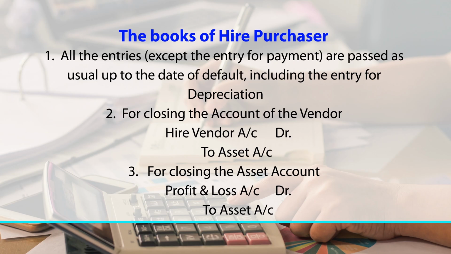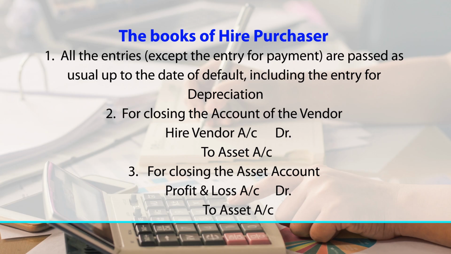And the asset account is the real account, and as per the rationale of the real account, debit what comes in and credit what goes out. Here the asset is going out, therefore the asset account has been credited. Then the next one is foreclosing the asset account. It is very simple. When we are returning the assets to the hire vendor, we will close the asset account.